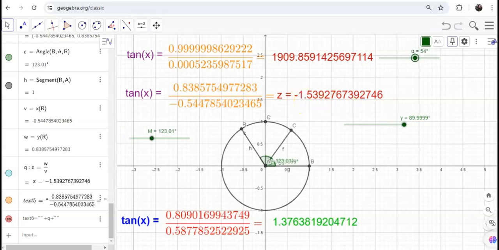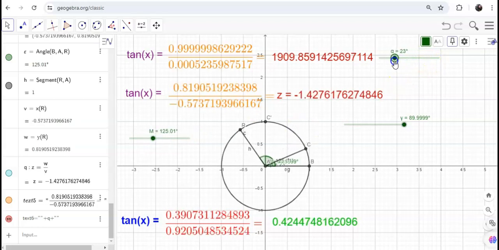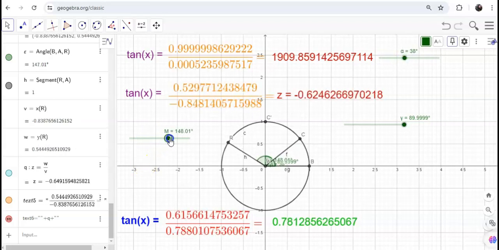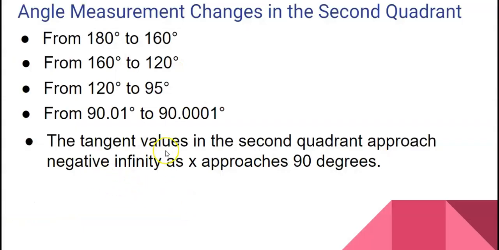5,729 something. Are the tangent values in the second quadrant the opposite of those in the first quadrant? What did you notice? Yes, the tangent values in the second quadrant approach negative infinity as x approaches 90 degrees.